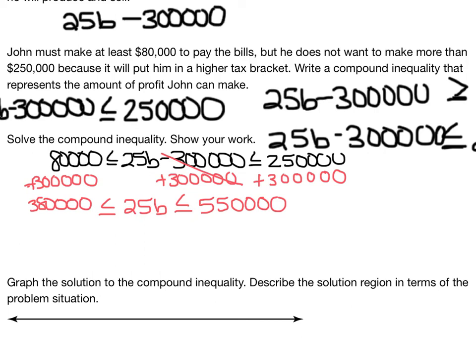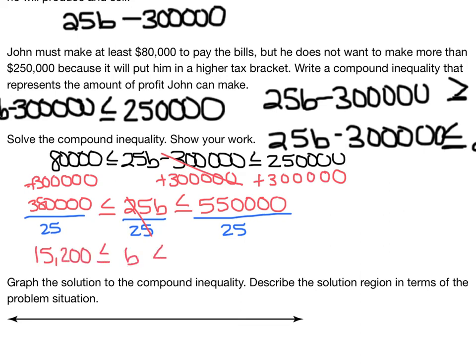I divide this part by 25, this side by 25, and this side by 25. Since I did not divide by a negative, I do not flip the signs. That cancels out, which is the whole point, it goes to 1. 380,000 divided by 25 is 15,200, less than or equal to B, less than or equal to 22,000.